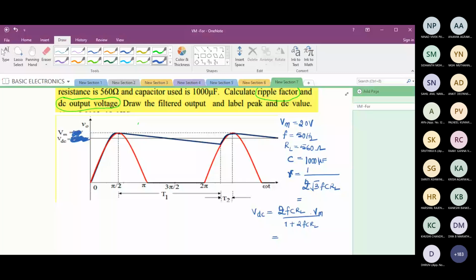Somebody tell me how much is the ripple factor? Sir, I calculated VDC, that is 19.649.